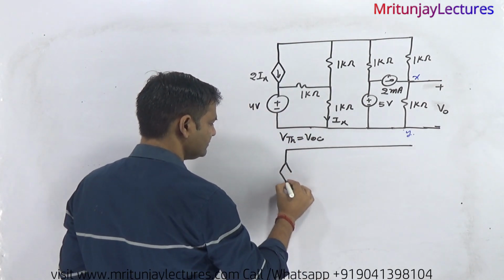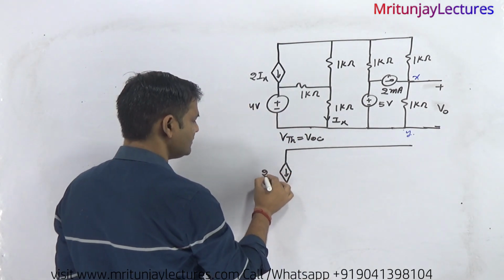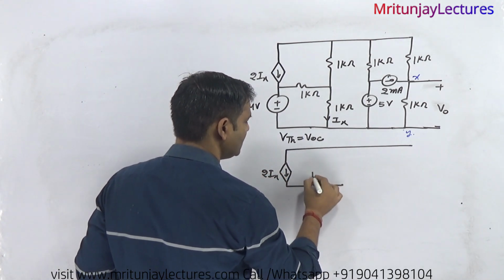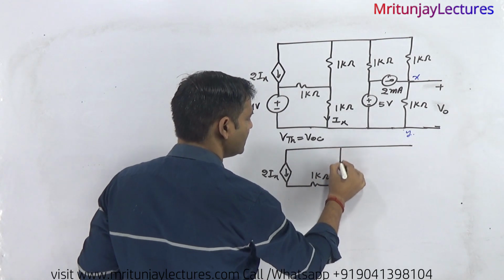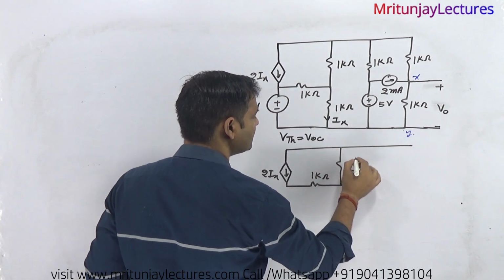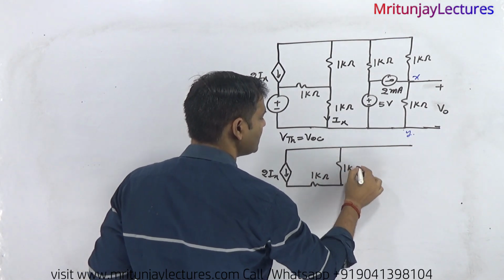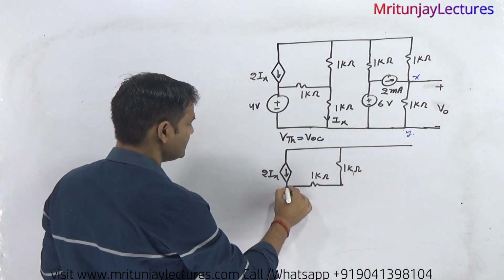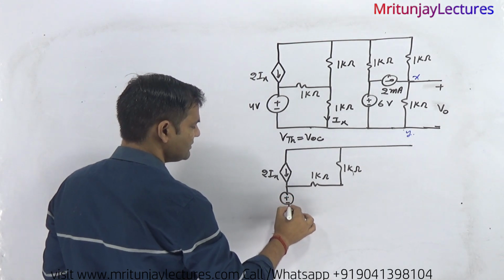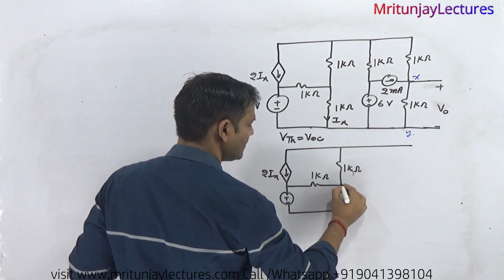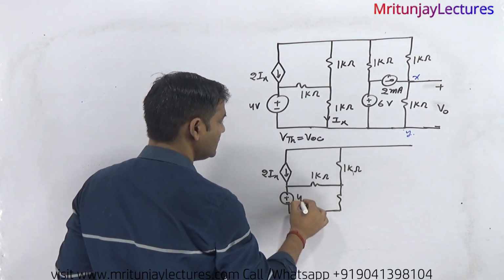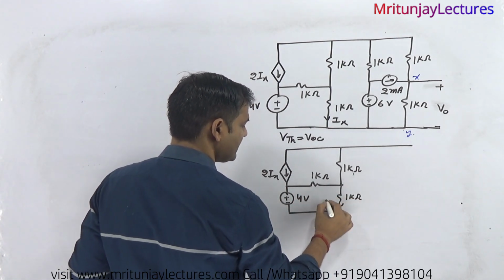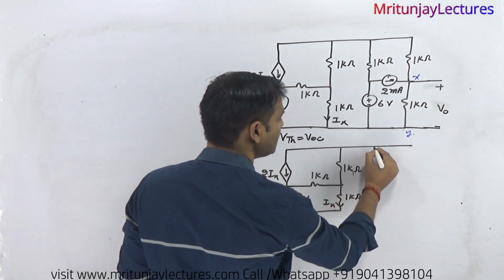This one is 2Ix, and that is 1 kilo ohm, here 1 kilo ohm, and that is a plus-minus 4 volt source, and here 1 kilo ohm, here Ix.